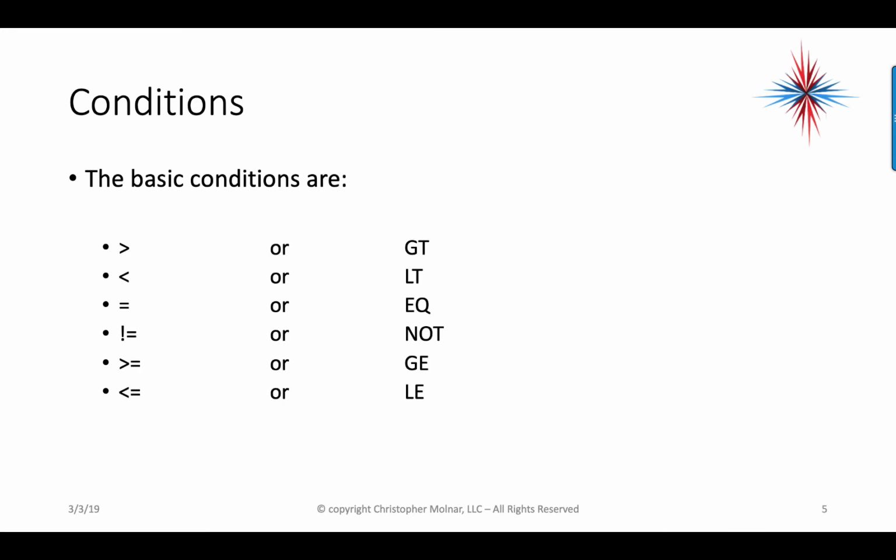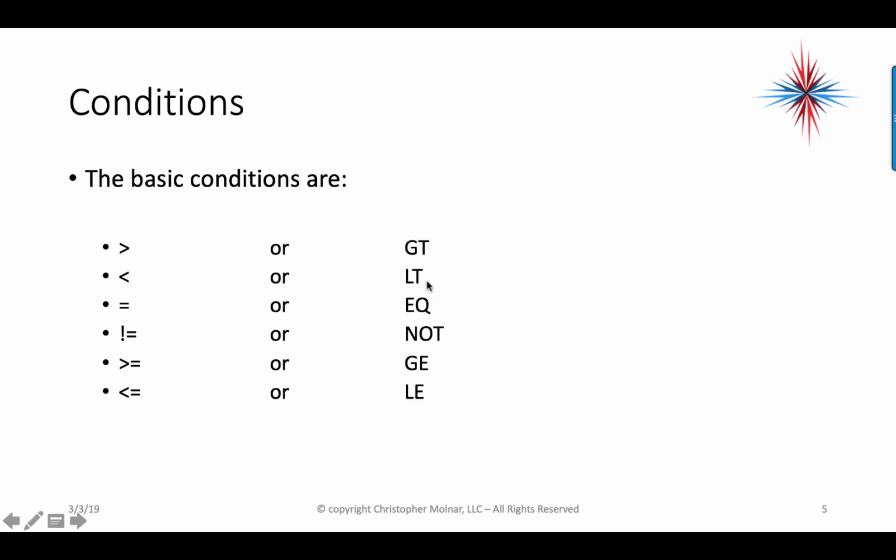The basic conditions are the greater than sign, which is the first line on the left, the less than sign, the equal to sign, the not equal to sign, the greater than or equal sign, or the less than or equal sign. Ignore these little dots that are just from the PowerPoint. Greater than sometimes is just written as GT.